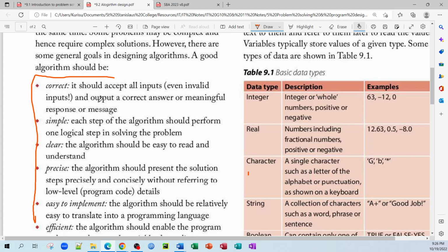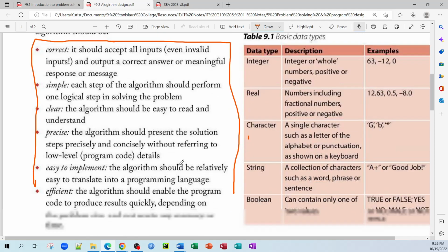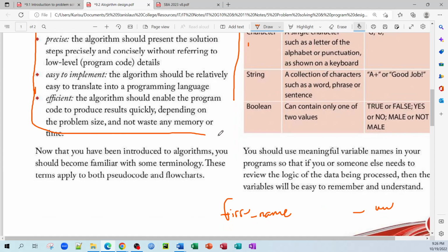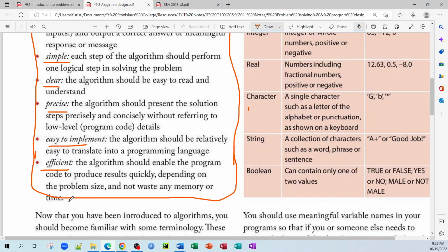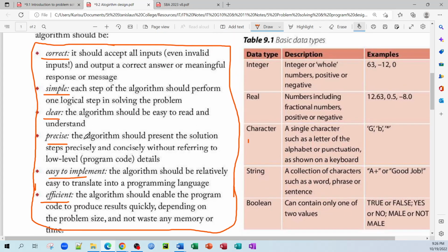Flowcharts, please remember, use diagrams, shapes, whatever term you want to use, and a pseudocode uses English statements. This section describes what makes a pseudocode, an algorithm, a flowchart effective. It must be correct, simple, clear, precise, easy to implement, and efficient. This is important for exam purposes.